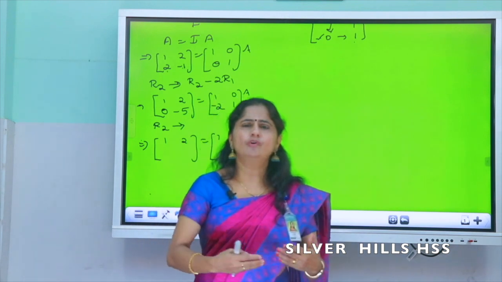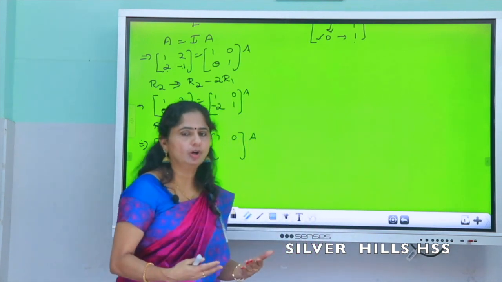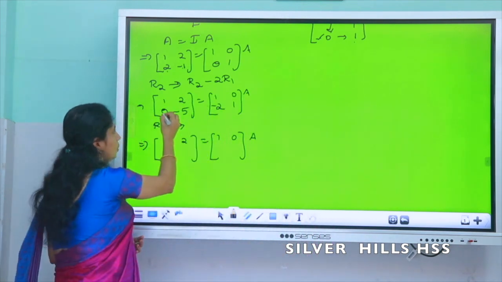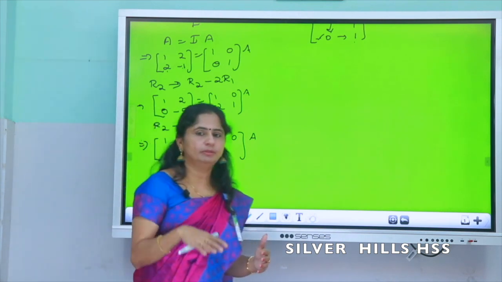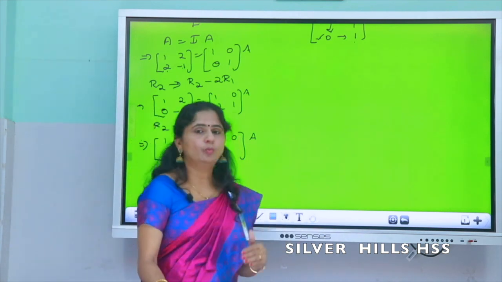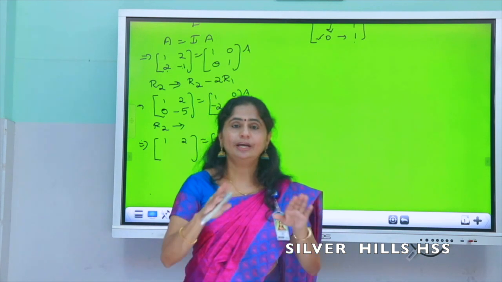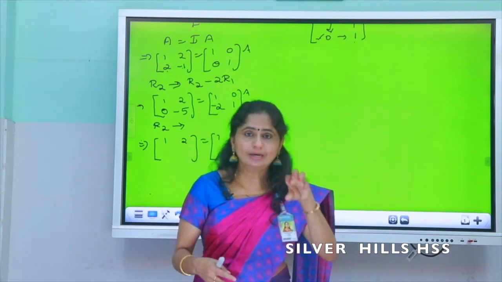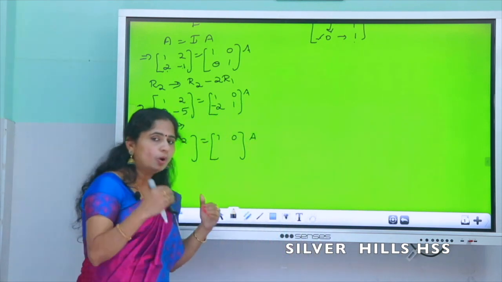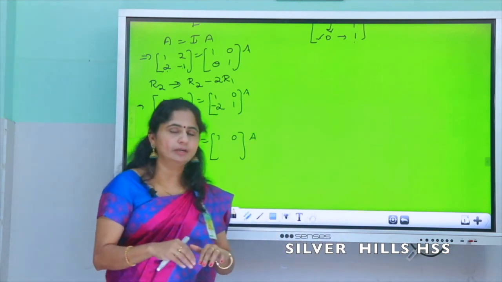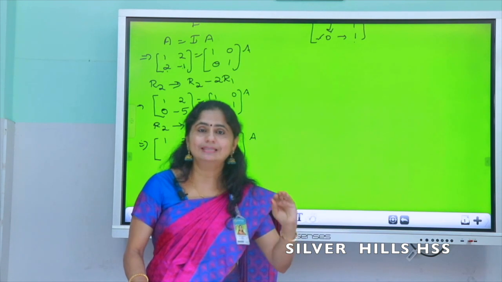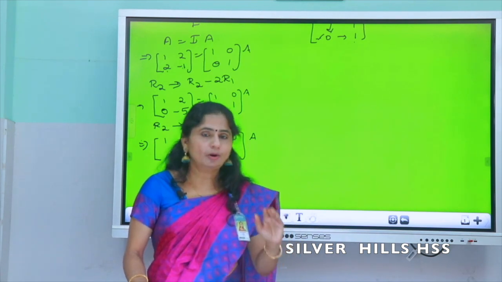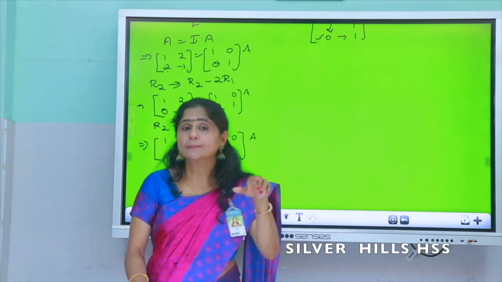So, we should not go for any addition or subtraction because this 0 should not change back to some other number. We have already got 1 and 0 there. So, it should not be changed again to some other number. So, we should not disturb that value 0. So, the only way to get the value 1 so that 0 remains as it is, the only possibility is to divide by the same number.